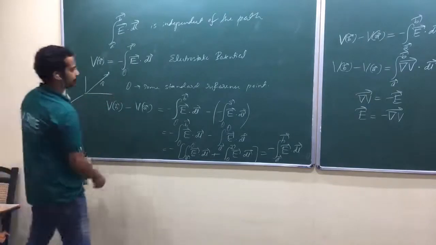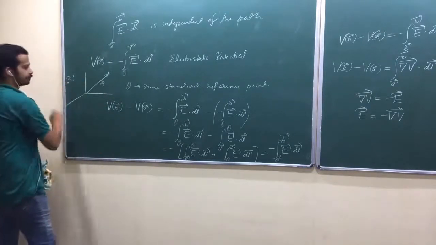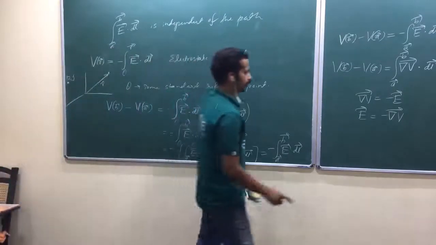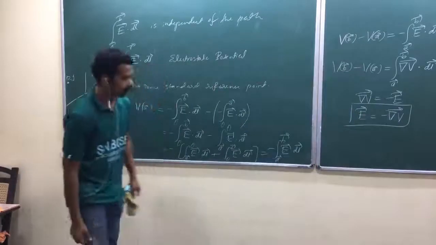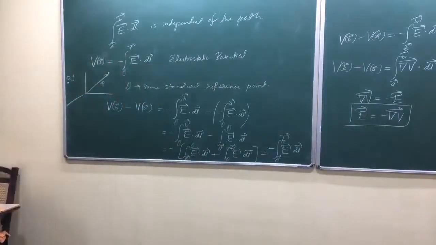O is some standard reference point. Okay, somewhere here. So ultimately, I got electric field is equal to negative gradient of a scalar potential. Am I right?